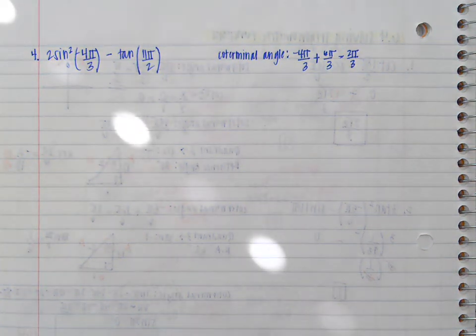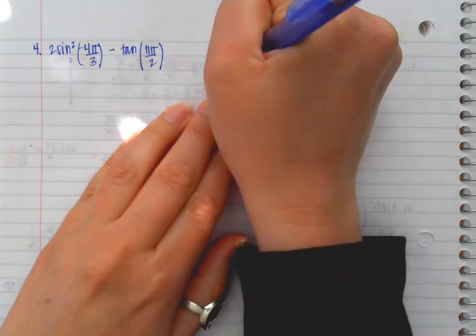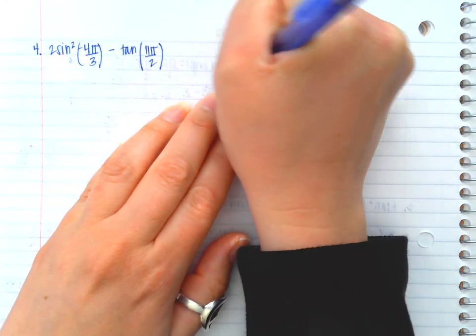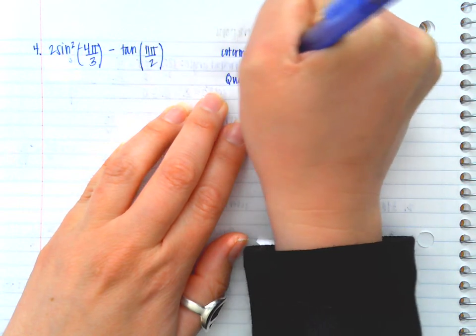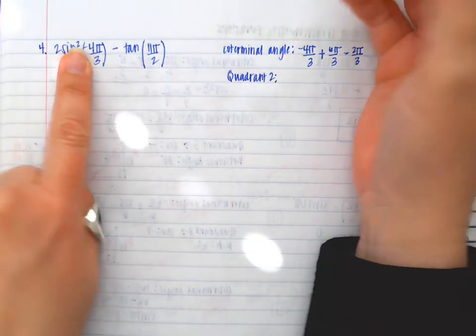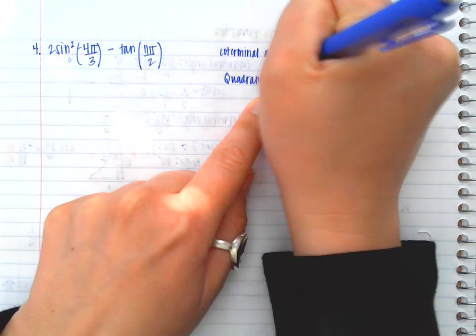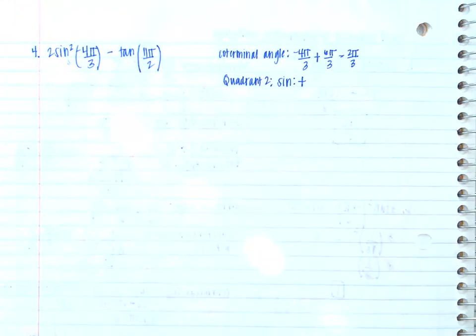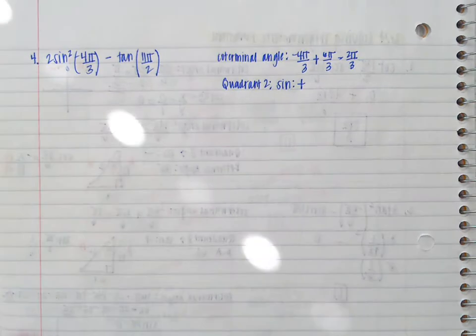Okay, so 2 pi over 3, first thing, I know what quadrant that's in. 2 is 1 less than 3, so that's going to be in quadrant 2. All students take sine, so sine is going to be positive in quadrant 2, so we don't have to worry about the sign. And then my reference angle.